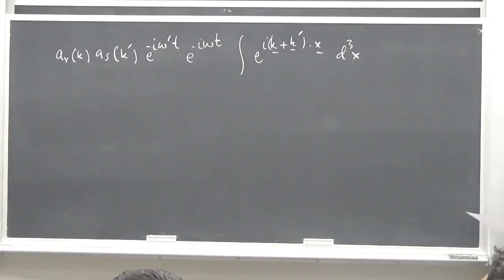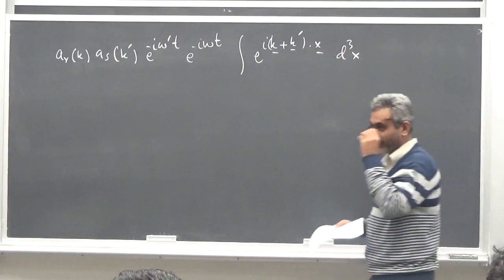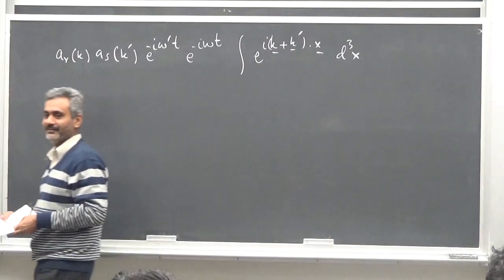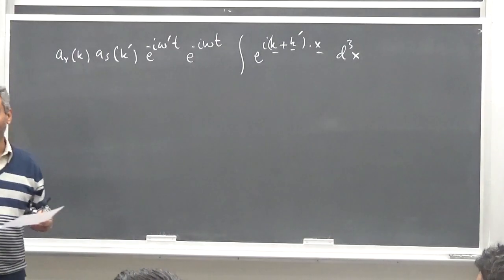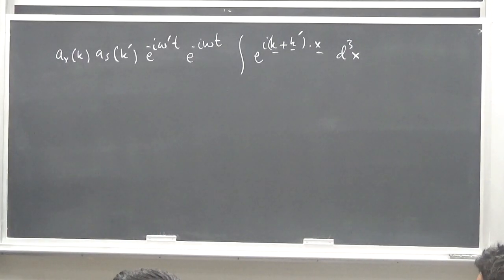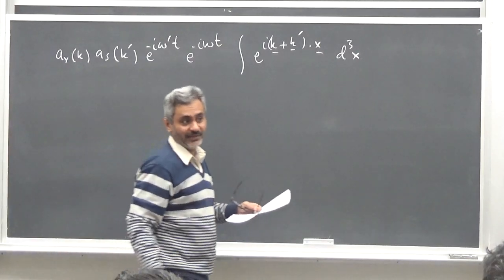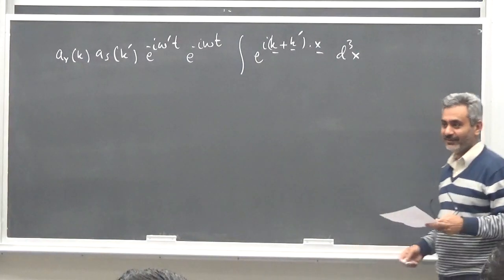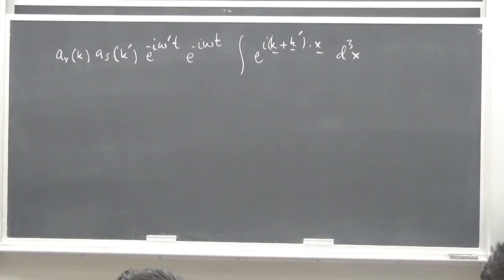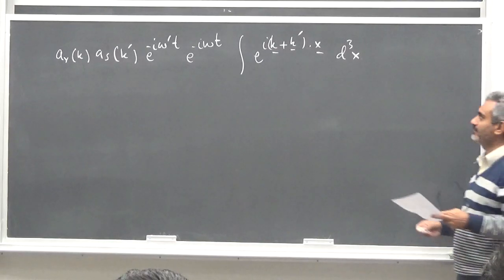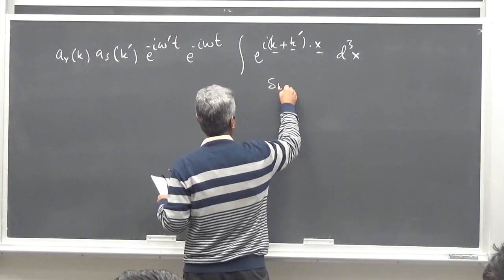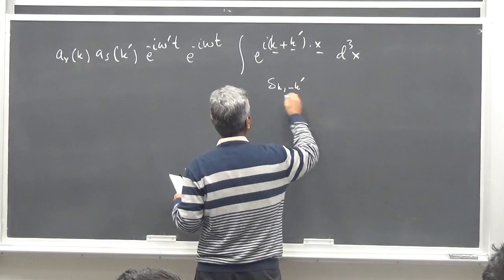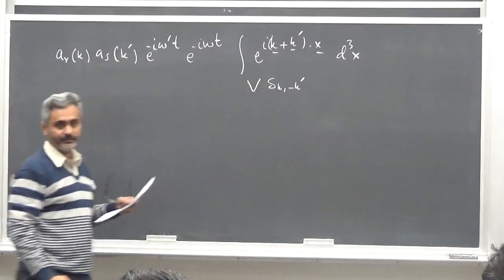And what is this thing? Which one? K minus k prime, right? No, k plus k minus k plus k. It's Kronecker delta, not a Dirac delta, because these are discrete. Yes, these are discrete. And so this is delta k minus k prime, and there will be a v here.